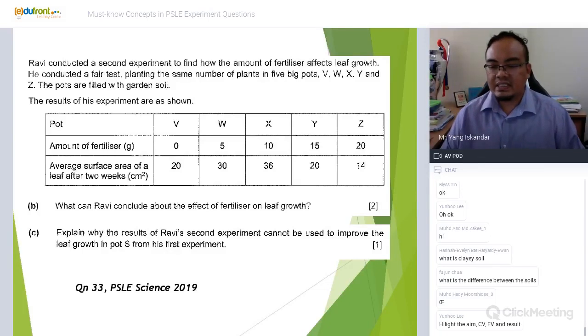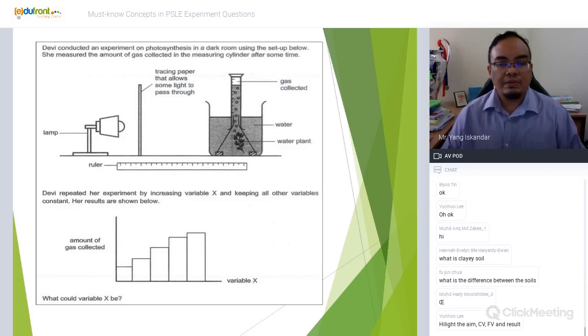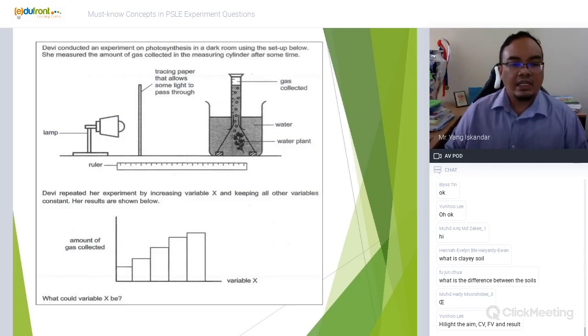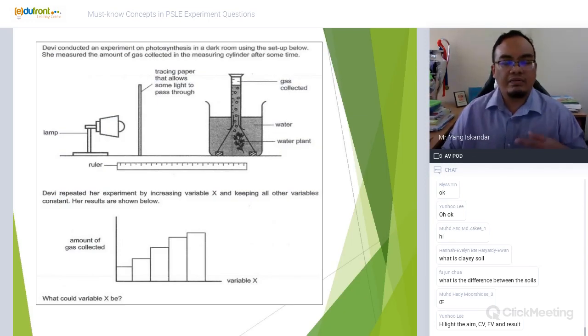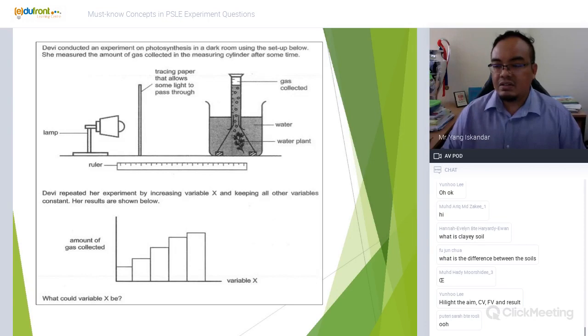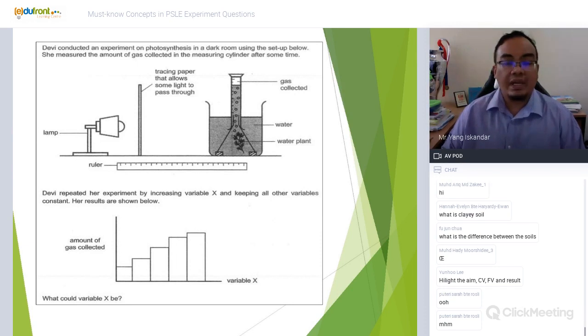Now let's take a look at another type of question. We will address this question later on. This is another type taken from another year's PSLE. David conducted an experiment on photosynthesis. For the P6 students, you may have learned about photosynthesis by now. This is taken from the MCQ.